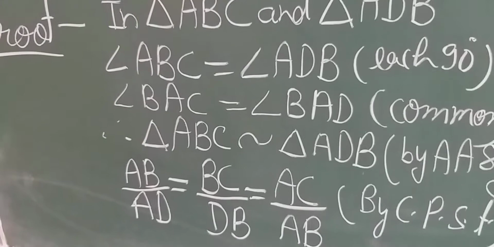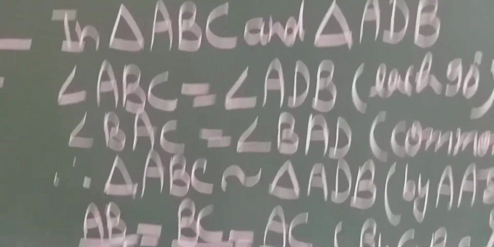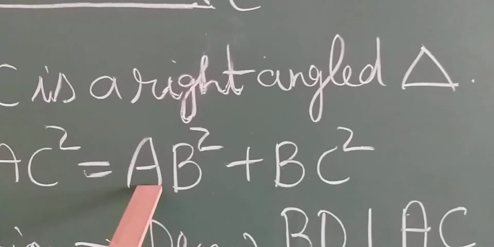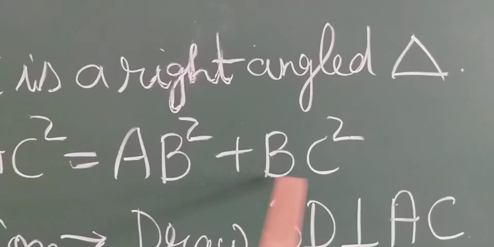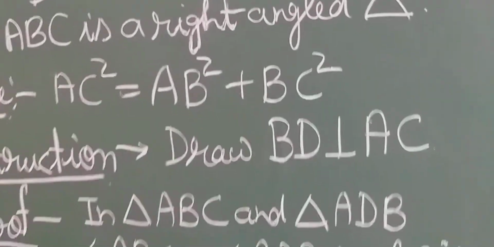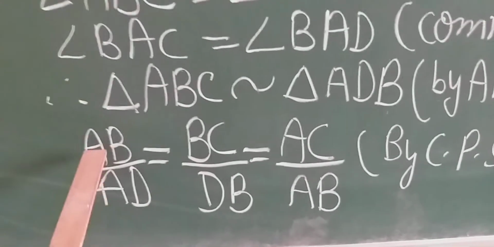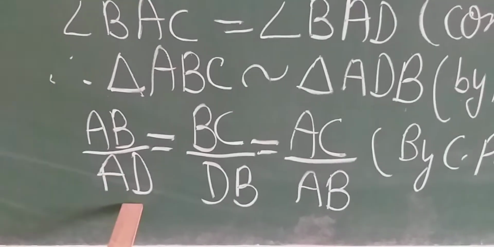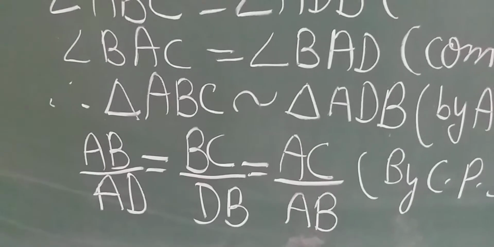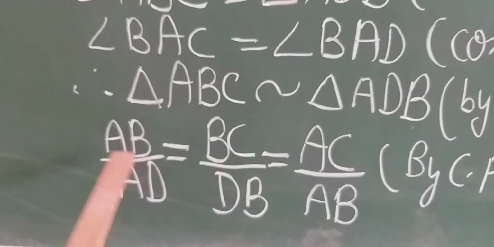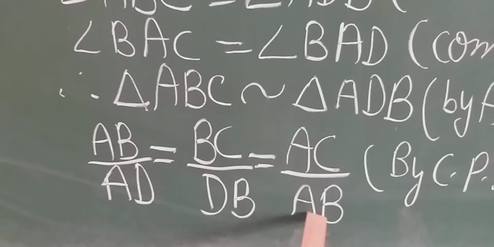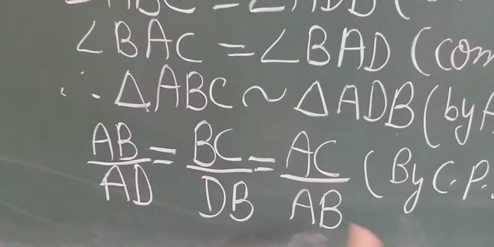Okay. So now students, as you know that we need AB square and BC square. So you can see here, if we take AB upon AD and AC upon AB, then by cross multiplication we can get AB square.